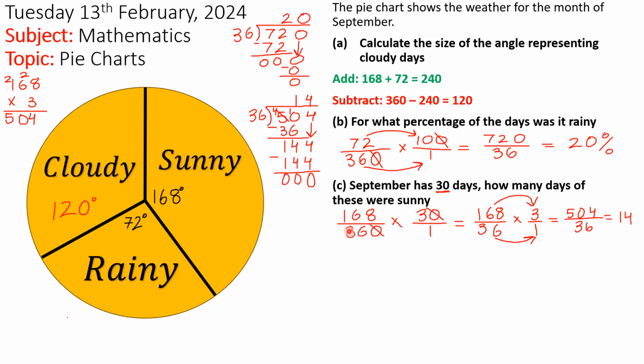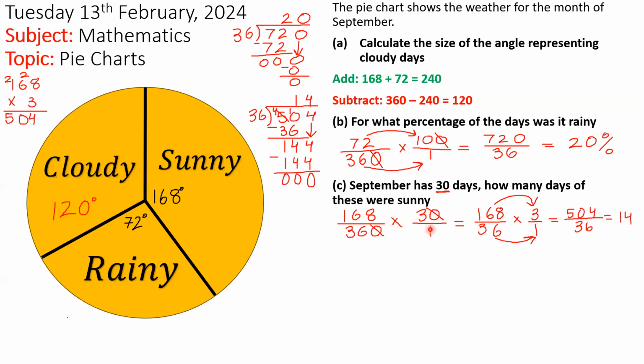Since the sunny days were 168, we put that over 360 times the number mentioned in the question over 1.